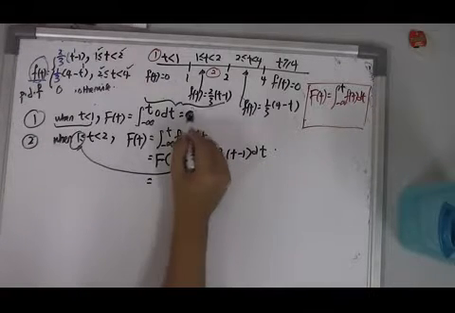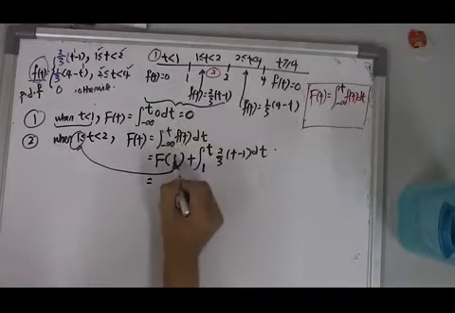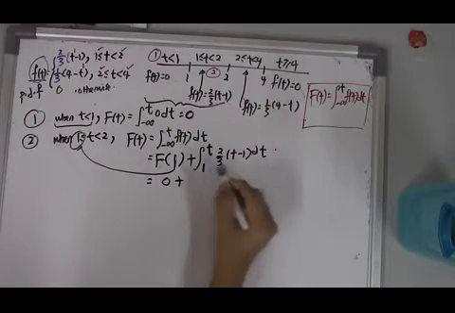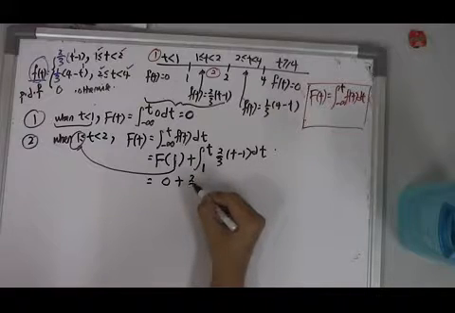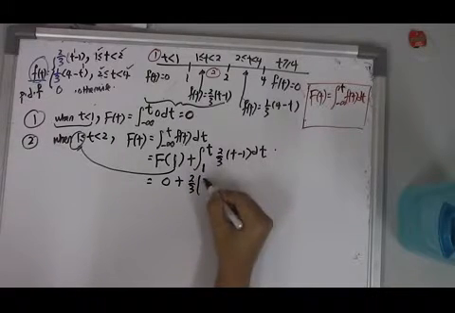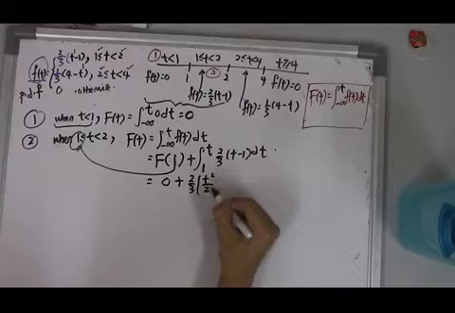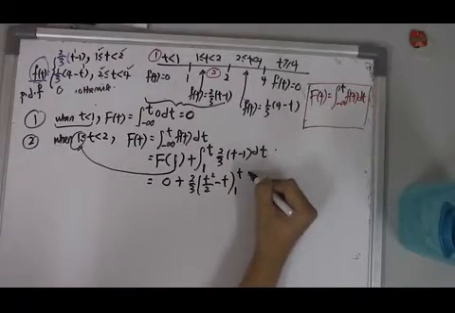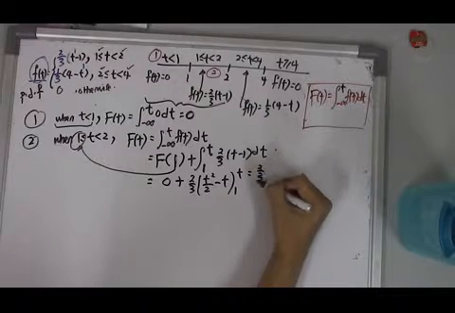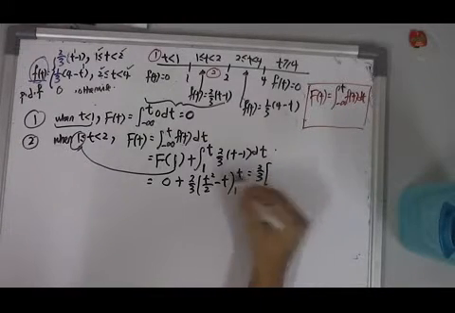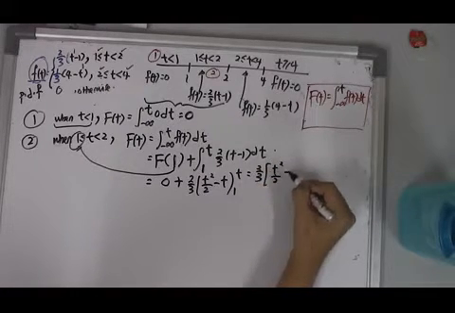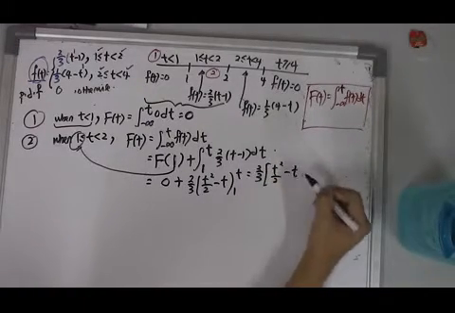For F(1), you take the value before, so it's 0. You just take 0 and put it here. Then you integrate this whole thing. 2/3 times t squared over 2 minus t, from 1 to t. Substitute t: t squared over 2 minus t.